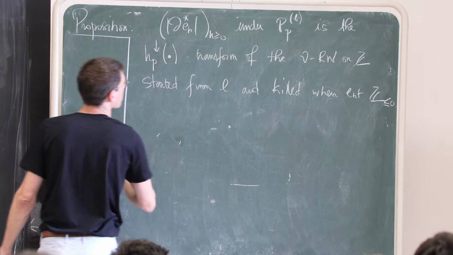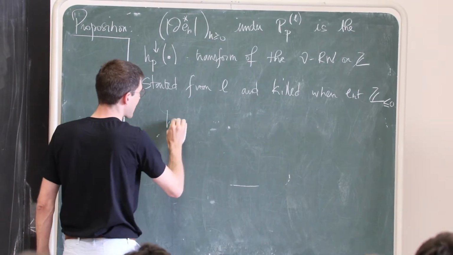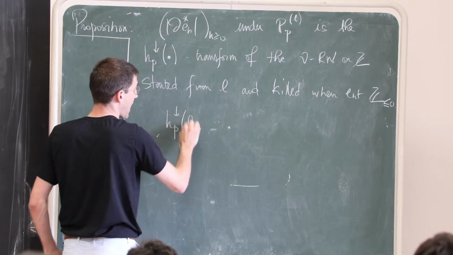In particular, what is this guy, HP down arrow of L?